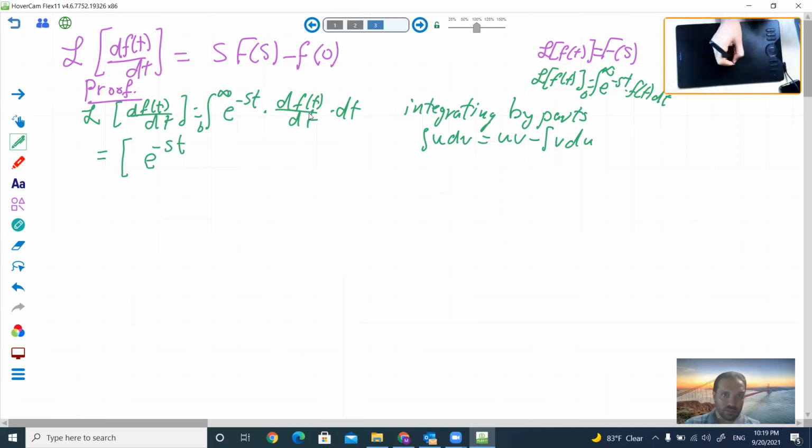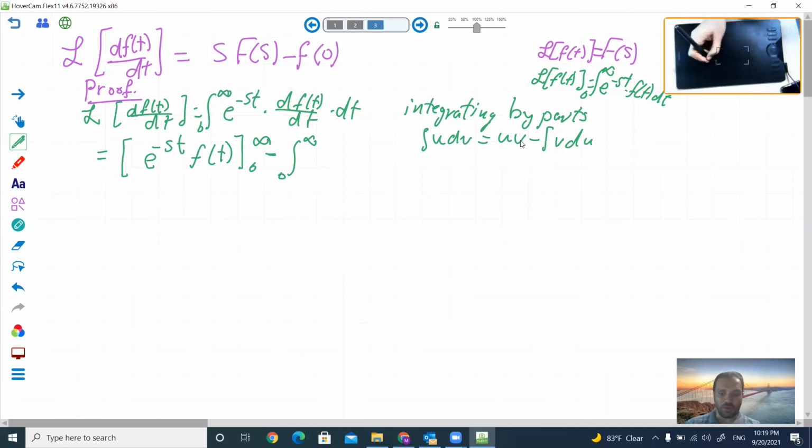This is df of t, and the integration of df of t is f of t, and put the limits from 0 to infinity, applying the definition, minus the integration with the same limits from 0 to infinity of v du.